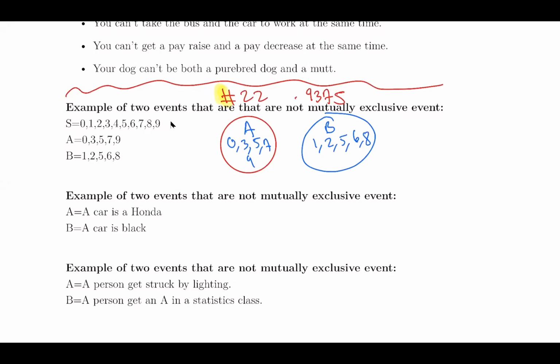If you look at these two events, they're not mutually exclusive because they share some information. Which number do they share? 5. Perfect. Since both of them have a number in common, that's why they're not mutually exclusive. So that's the first example of events that are not mutually exclusive.